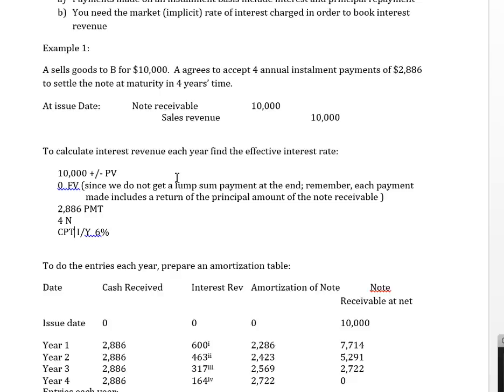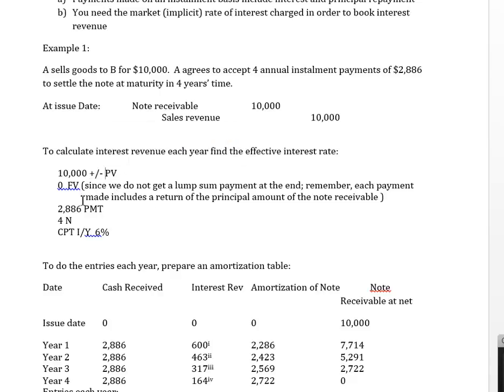So to calculate that, I'm going to take my present value, which is $10,000, and again it's a plus minus, because the customer isn't paying me right away. I'm giving them a product of some kind and not getting payment. So that's an outflow for me, and I make it negative.